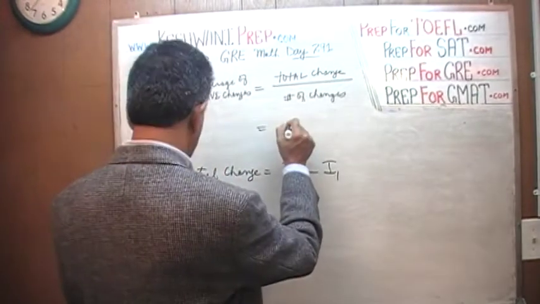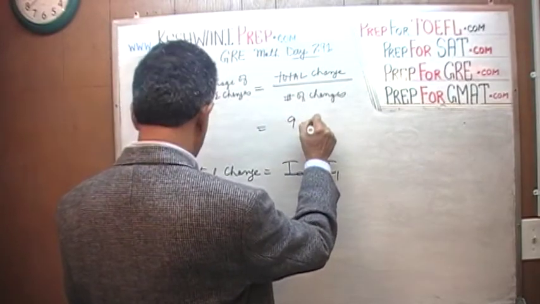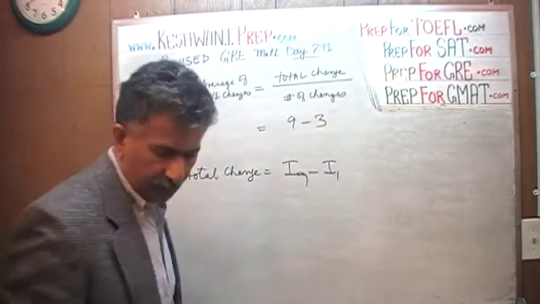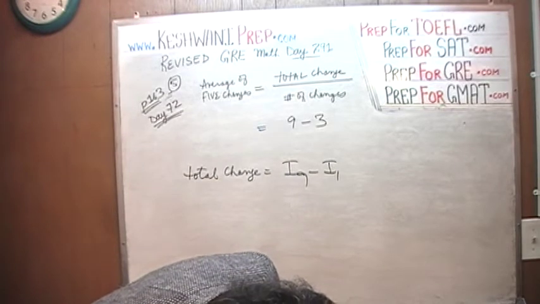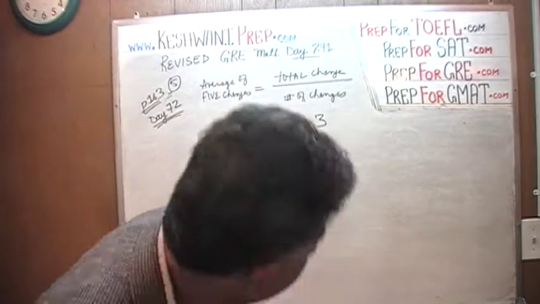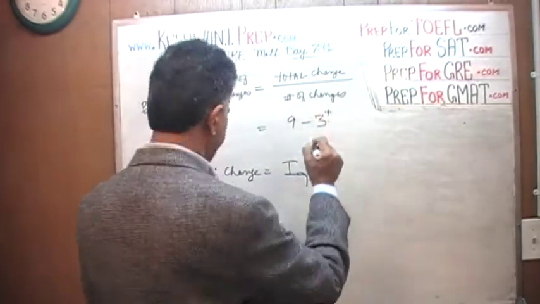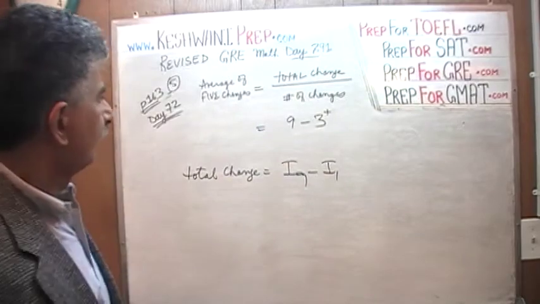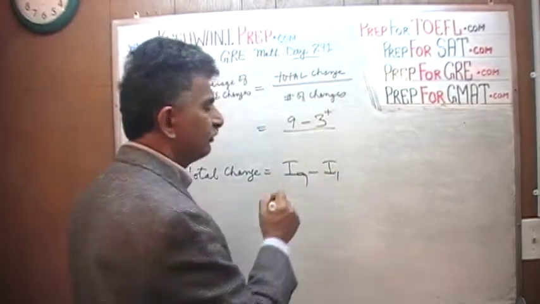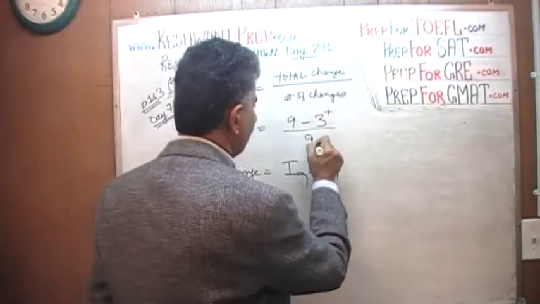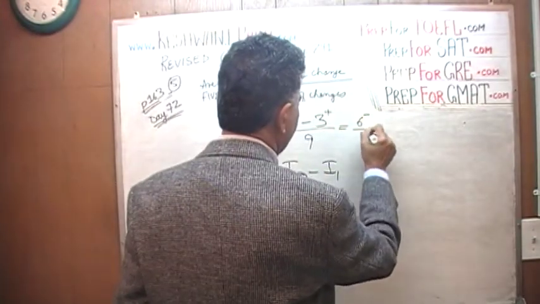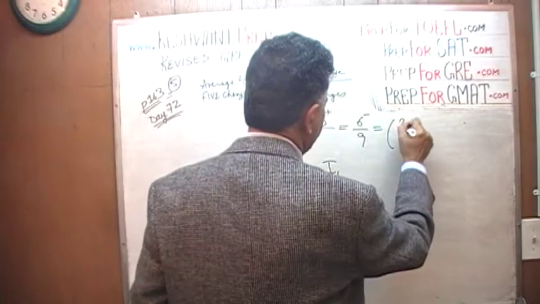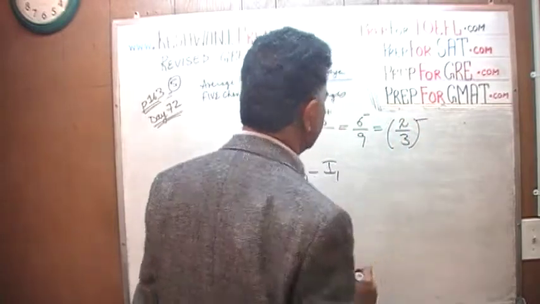And that's, as we just said, 9 minus a little under 3, or a little more than 3. Divided by how many changes do we have? We have 9 changes. So 9 minus something more than 3 is going to be something under 6, divided by 9, which is the same as something under 2/3.